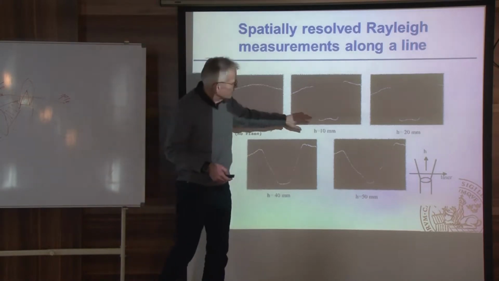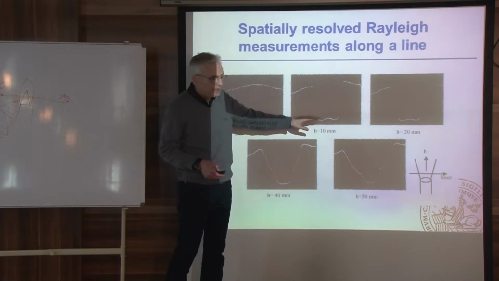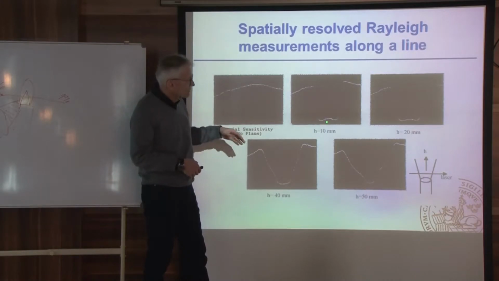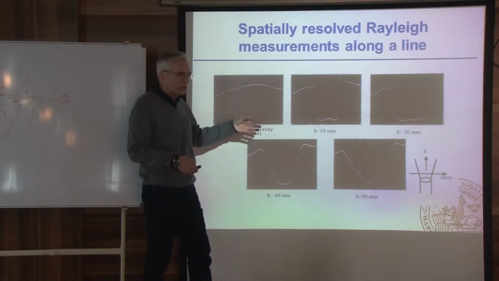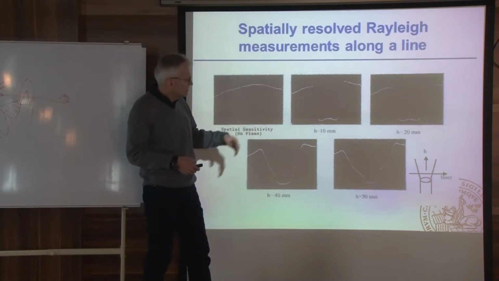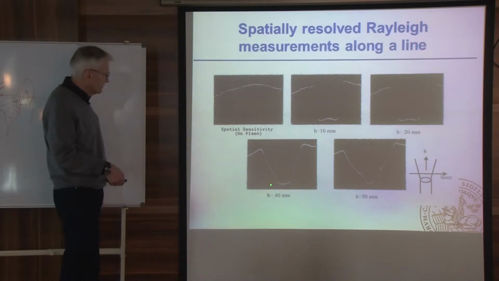Then you put in the flame, the signal goes down, and then you just compare how much it goes down as before, and then you can convert this, I would say, very easily to the temperature. And this is at different heights above the burner, 10, 20, 40, 50 millimeter.